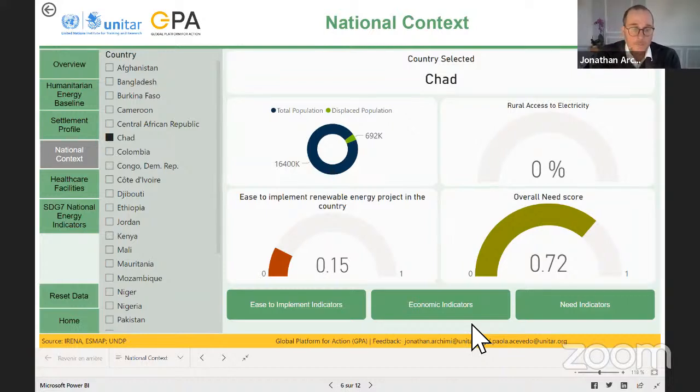Then the update rate would be once a year or once every two years, depending on the demand of the partners.